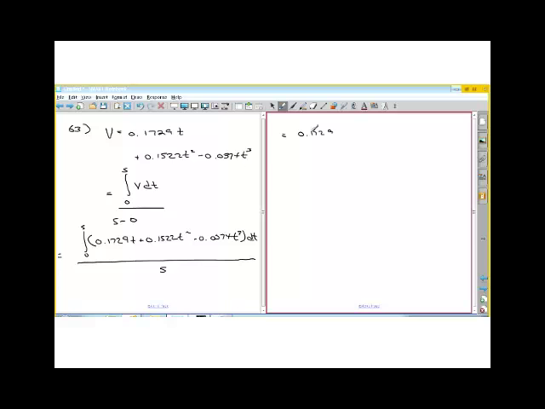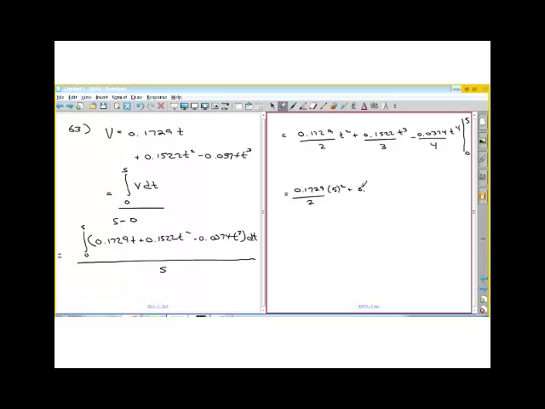So you get 0.1729 divided by 2 times t squared, and then you'll have 0.1522 t cubed over 3 minus 0.0374 t to the 4th over 4, and you evaluate that between 0 and 5. So we only really have to plug 5 in there, because all the other ones will go to 0 when you plug 0 in there.